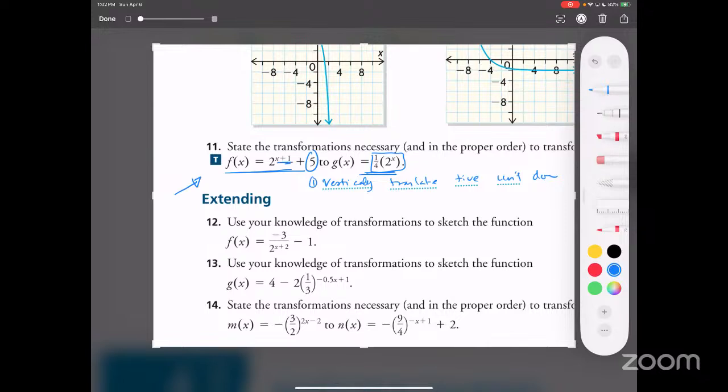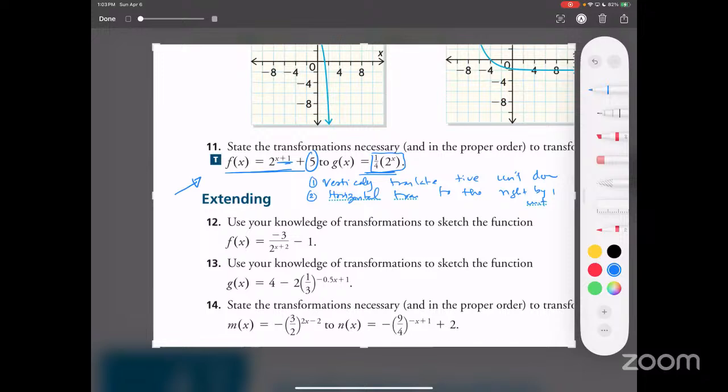Correct, horizontal translate to the left. So how do I reverse it back? That's right. We're going to horizontally translate to the right by 1 unit. You can see how I'm reversing it. First I reverse the 5, now I reverse the 1.